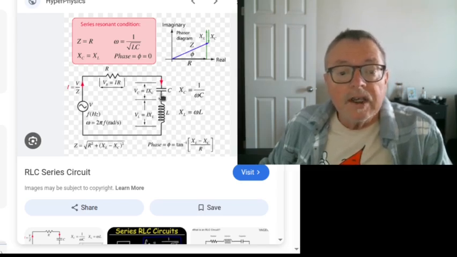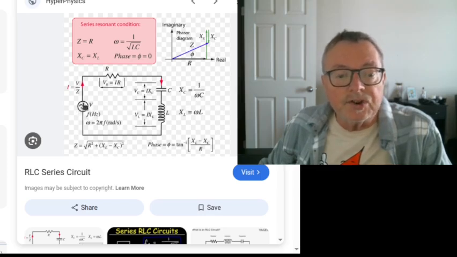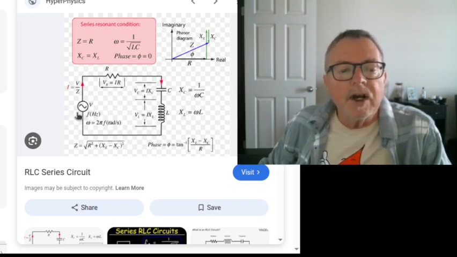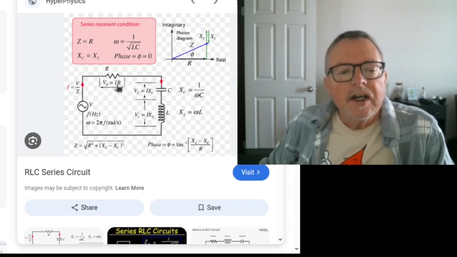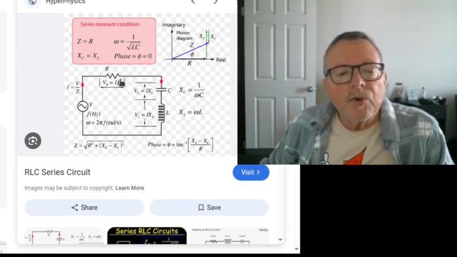But what if we apply an AC voltage? Let's just put a little sine wave on there and see what happens. Well, for the resistor, it's just going to be flowing back and forth, back and forth. Now, how is that current going to be flowing if you've got a separation between these plates?